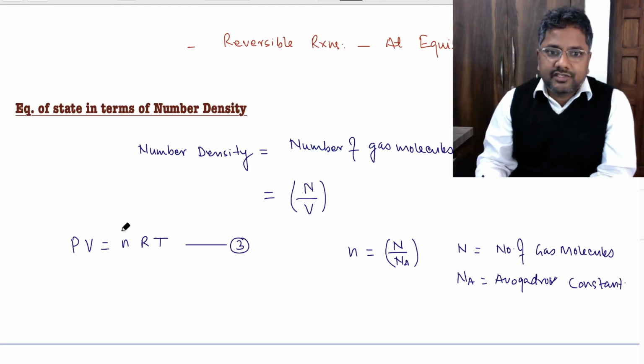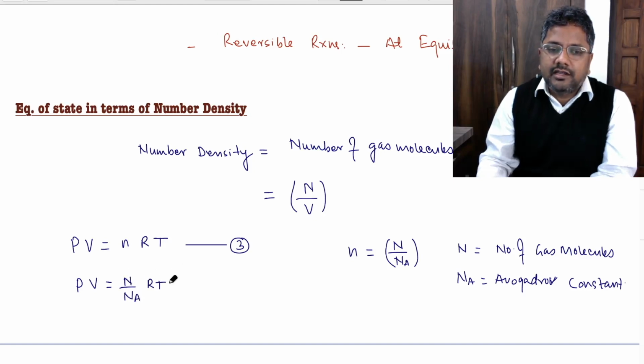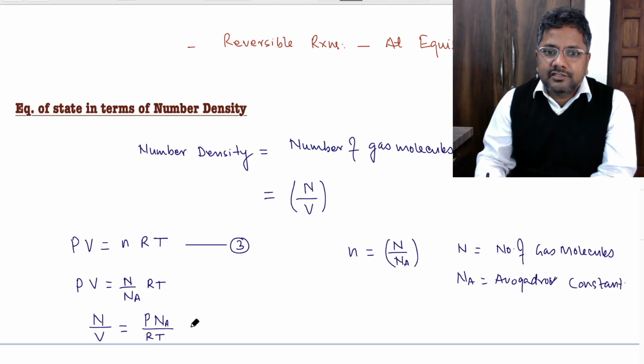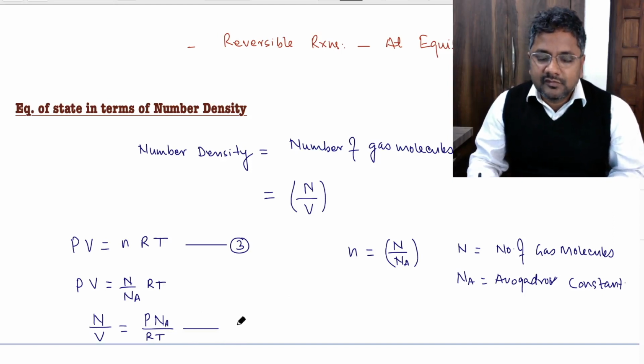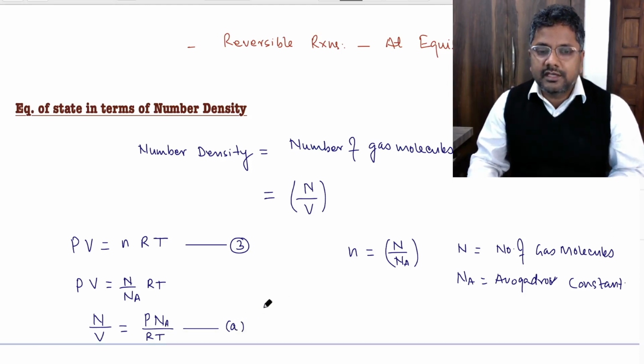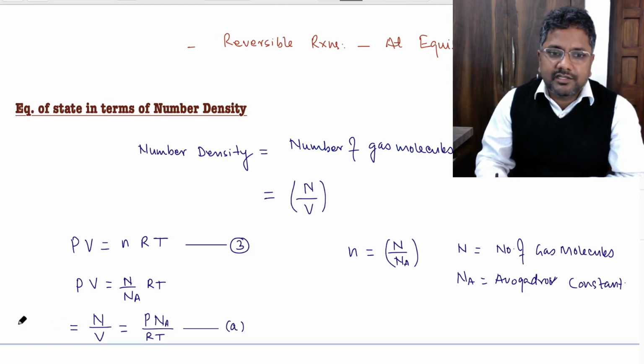So we can change here. We will get PV = (n by Na) RT. So we can write here n by V = P Na by RT, right? So this is equation A, and this is equal to the number density.